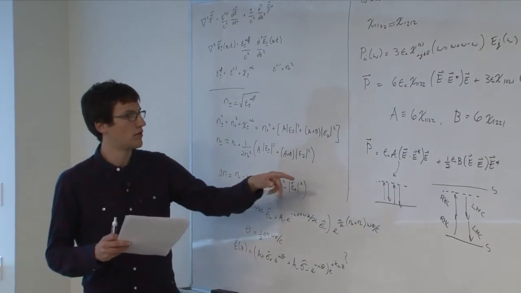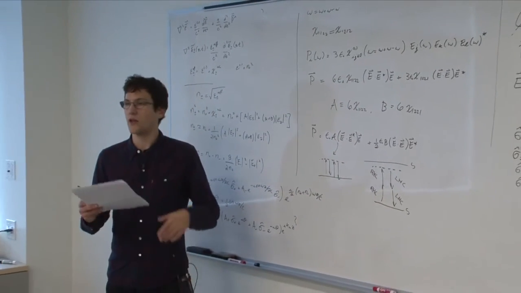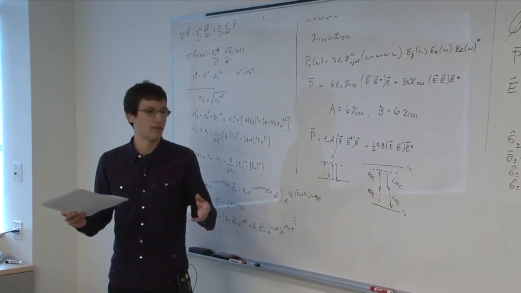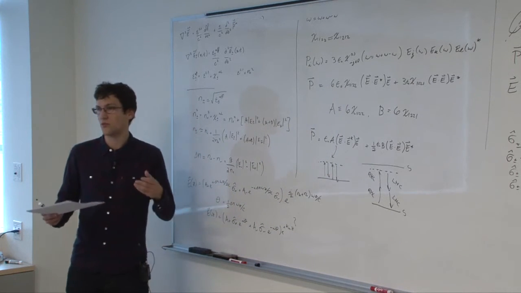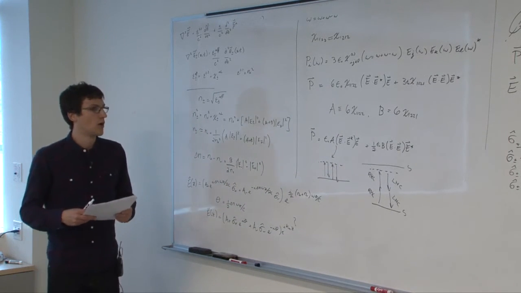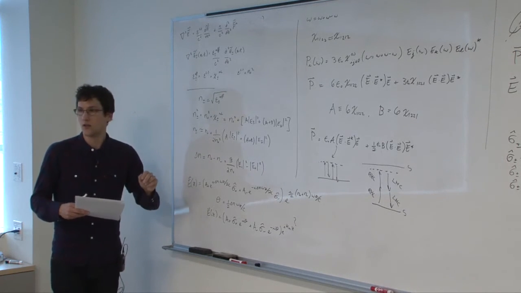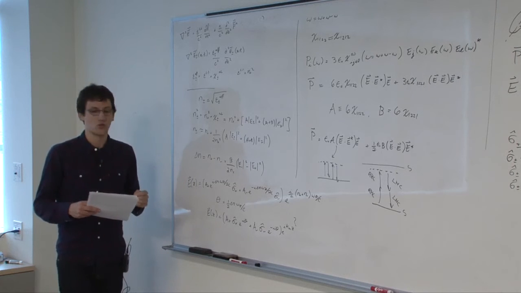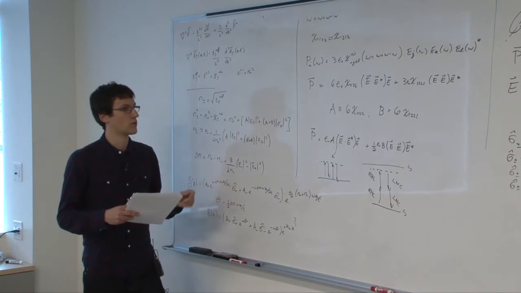I've been talking about the difference between the A and the B, and I more or less failed at giving you a picture of the difference between the two, but it's quite remarkable that the only contribution to the difference between those two polarizations is given by the B factor.